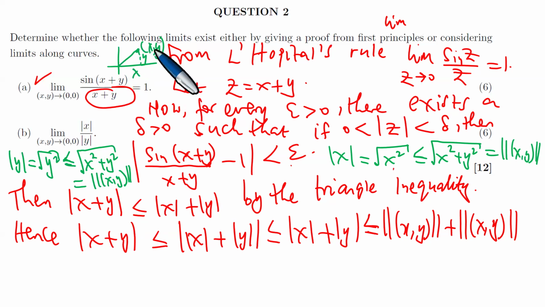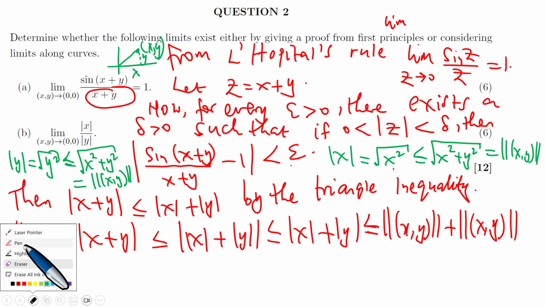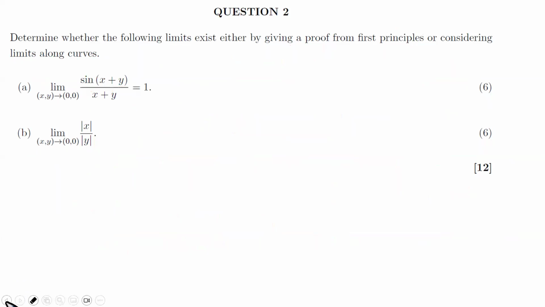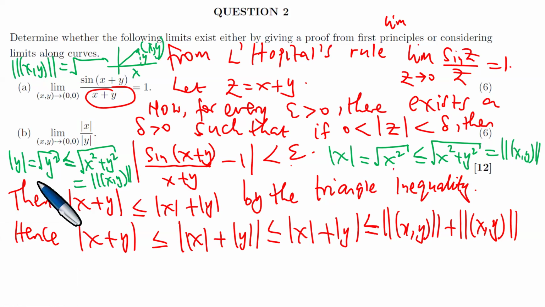Now you can find the length, and the length of this is by Pythagoras theorem. If you have the length of x and y, it is the square root of x squared plus y squared. That's something that you need to note.